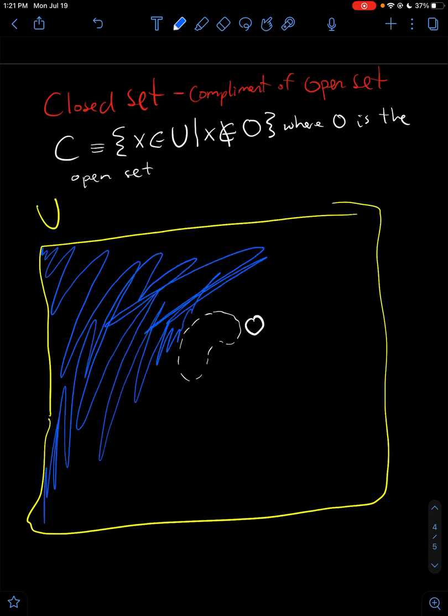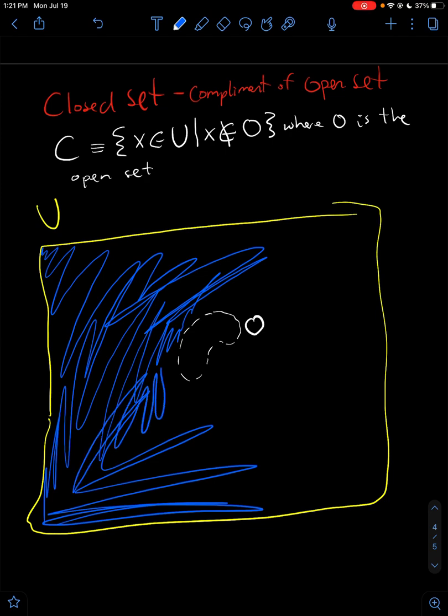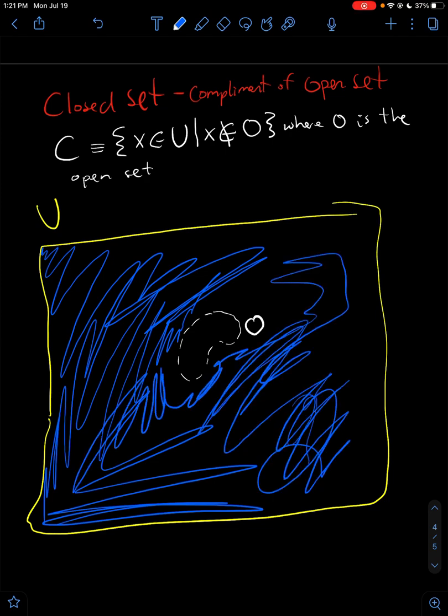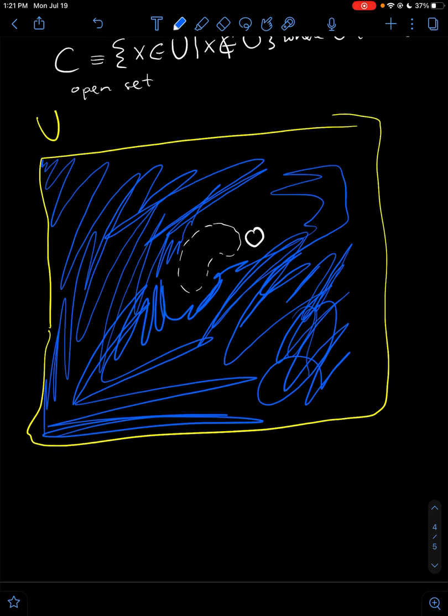So pretty much every point other than O, literally everything except O that is in this set U. Right? And this is a closed set, and it actually generalizes the closed ball, since the closed ball is just everything inside of it, including the boundary. Here it includes the boundary, right?